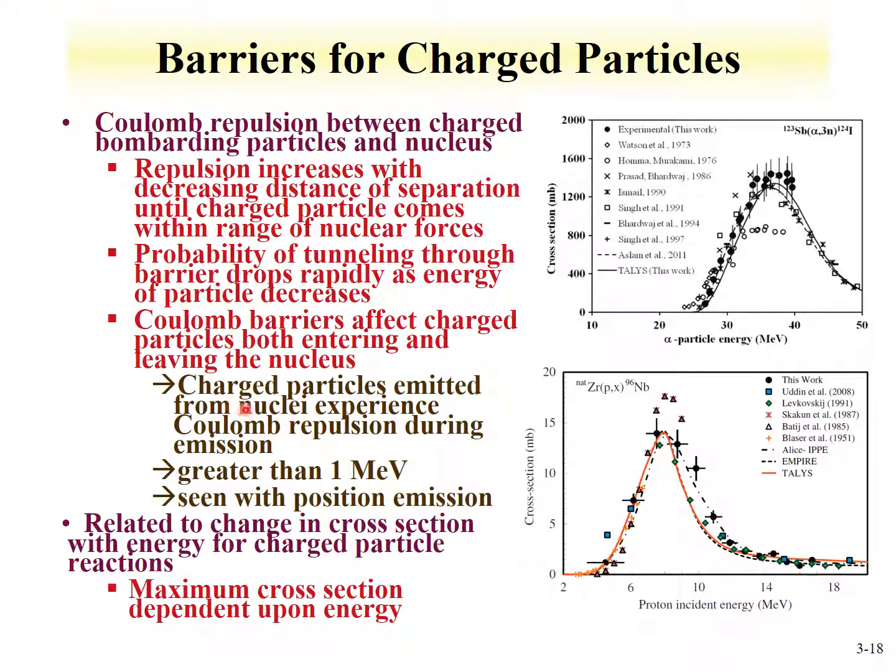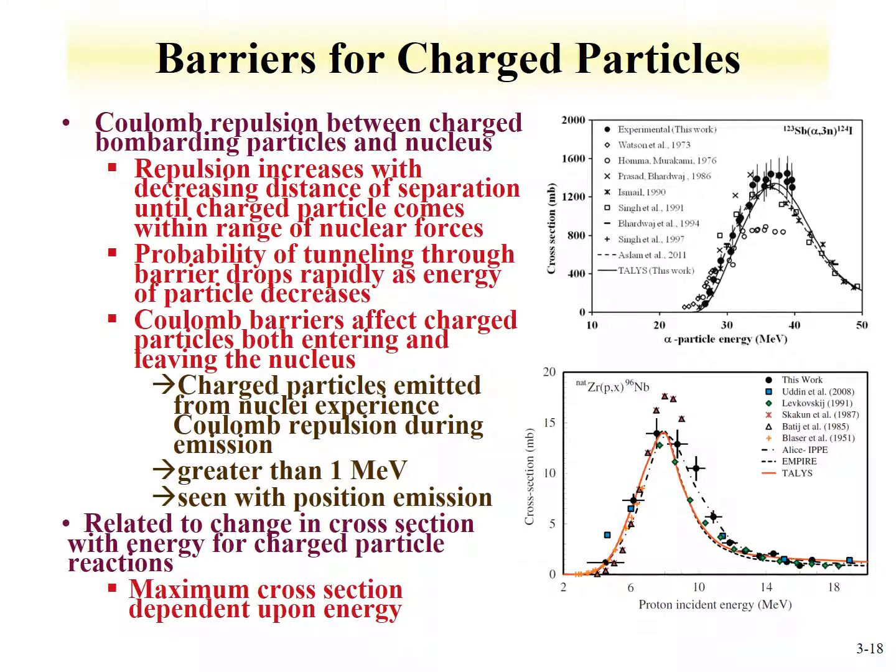Charged particles emitted from nuclei experience Coulomb repulsion during emission, so they get accelerated out of the nucleus. We'll observe this with positron emission, for example copper-64, which can emit both positron and electron, showing the difference in the emission spectra due to this Coulomb repulsion.